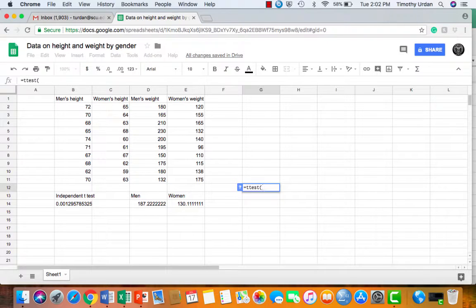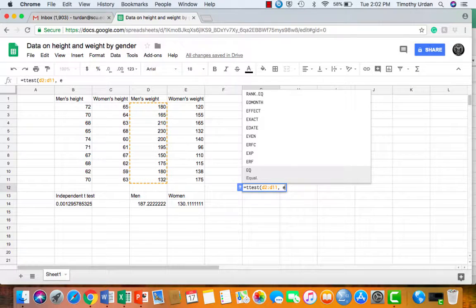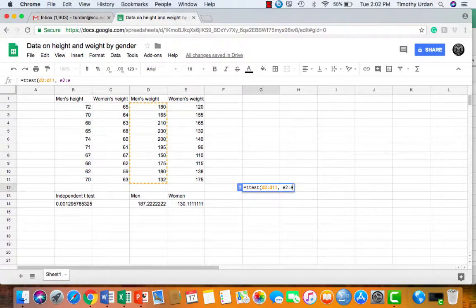And the range of scores is D2 to D11. And E2 to E11. And two-tailed. And that type of t-test, which is for equal variances or equal sample sizes. And that is my p-value.